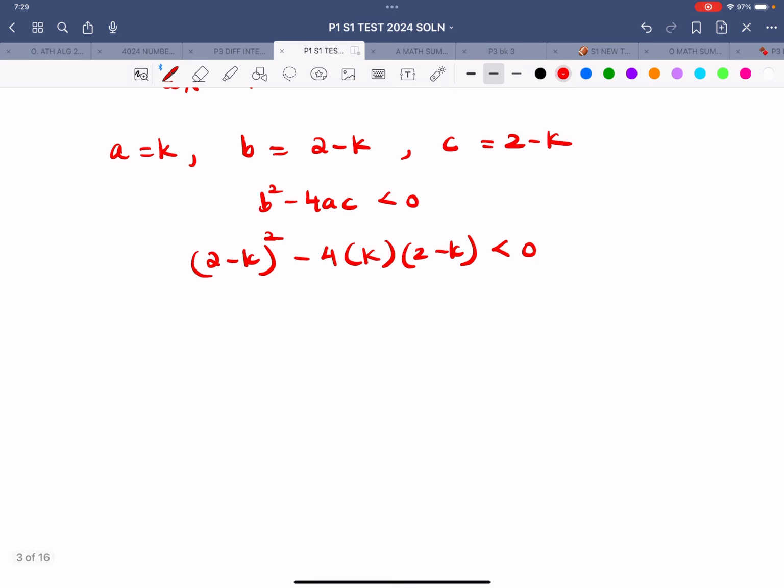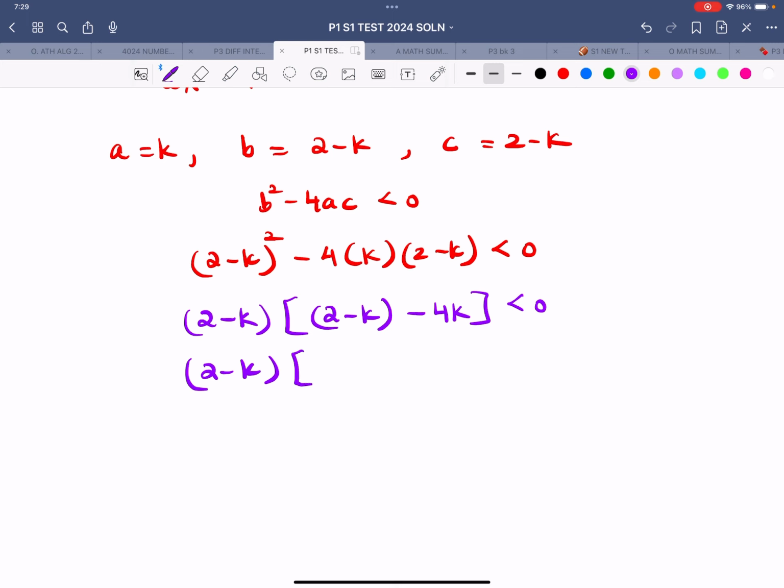So what I can do is take something common out without expanding. 2 minus k I'm taking common out. I'm left with 2 minus k, and this is minus 4k. So that was neat. And this is 2 minus k minus 4k. Therefore, this is 2 minus 5k, and this is less than 0.